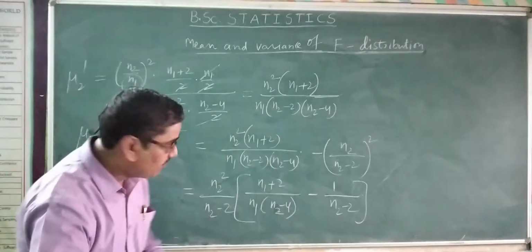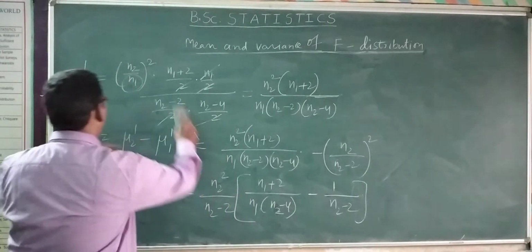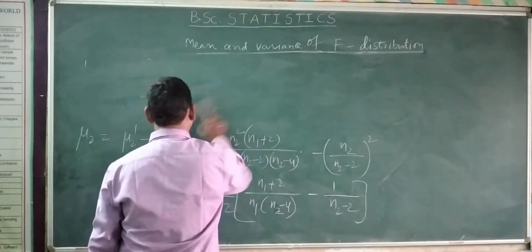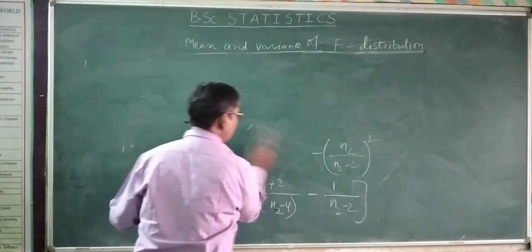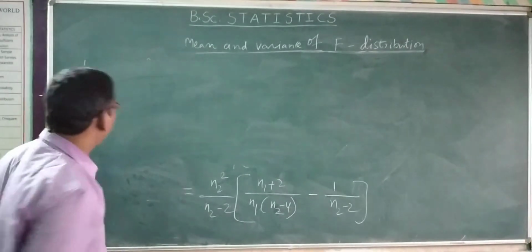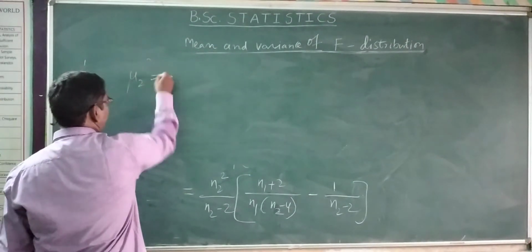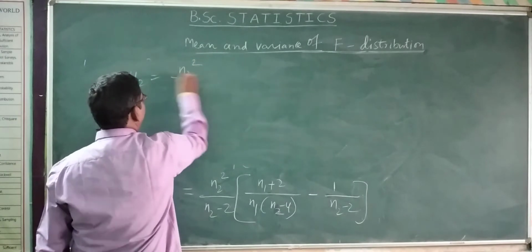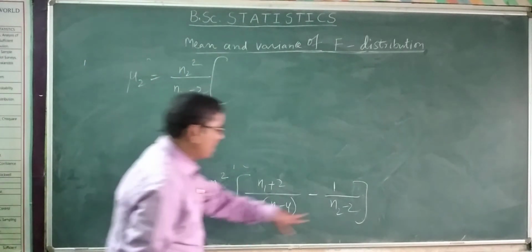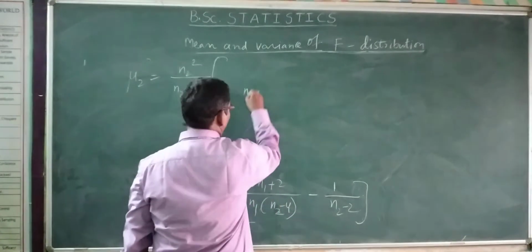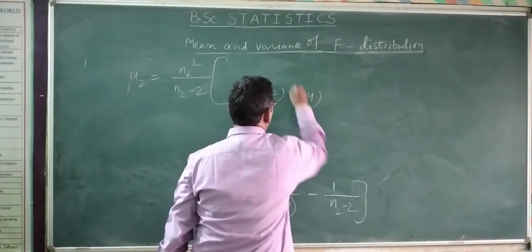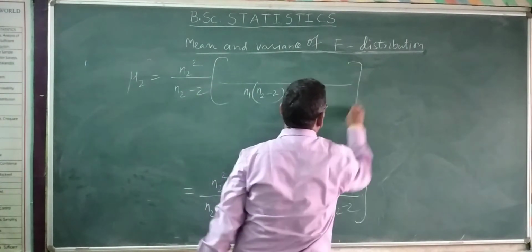Now you take LCM so that we can simplify it, right? So I am simplifying further. Do you understand this? mu2 is equivalent to n2 square divided by n2 minus 2 multiplied by, now I am taking LCM, n1 into n2 minus 2 into n2 minus 4 as the LCM, right?